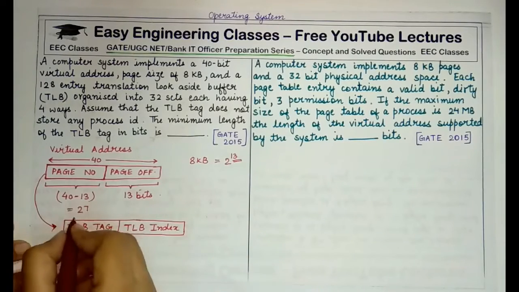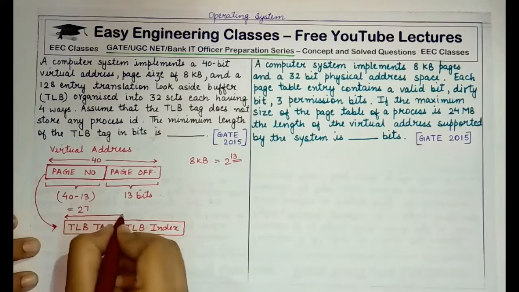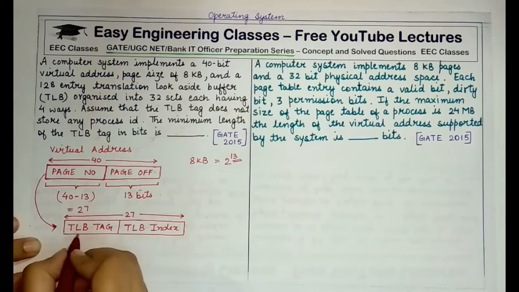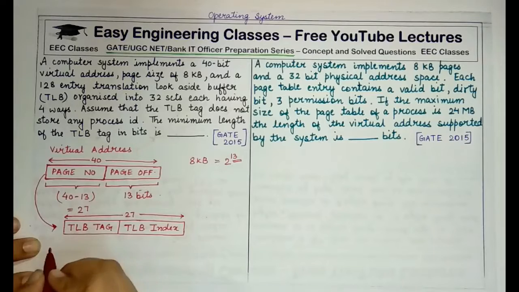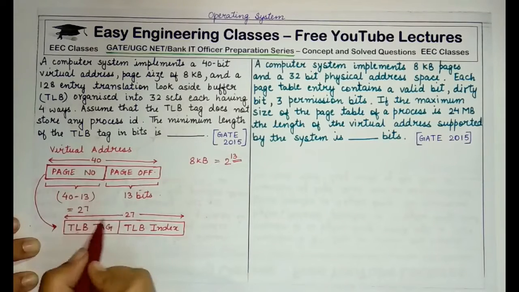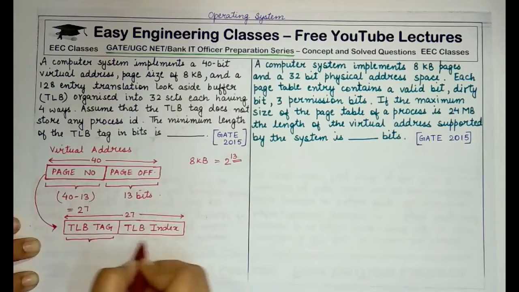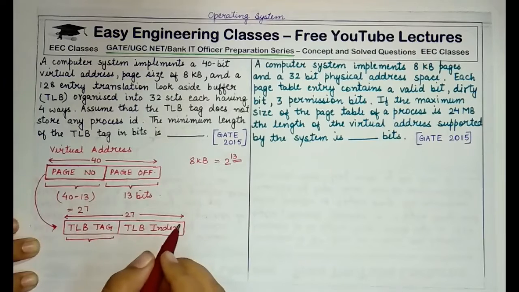So the page number field is 27 bits, and we have to find the length of the TLB tag in bits. To find this value we need to subtract the length of the TLB index from 27.